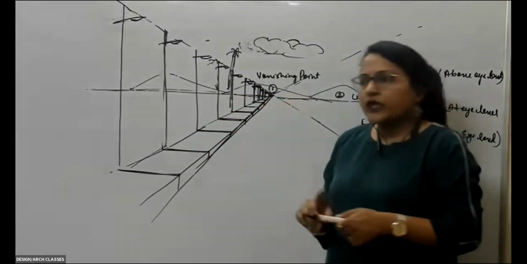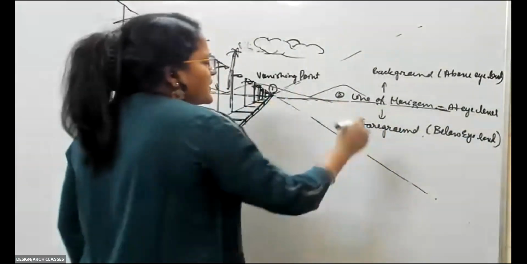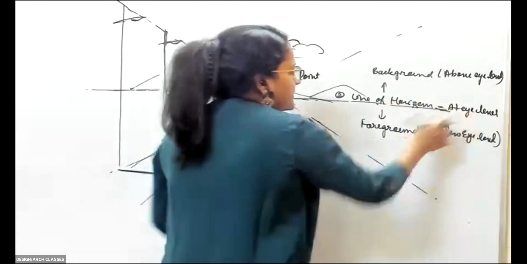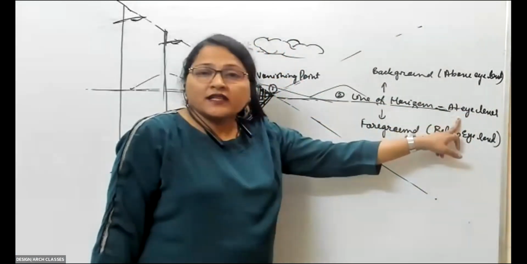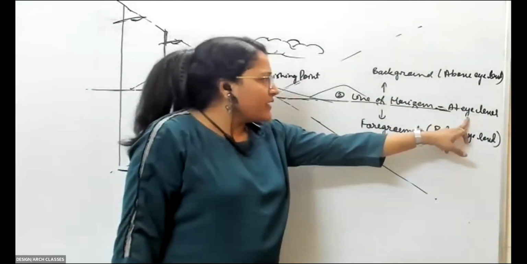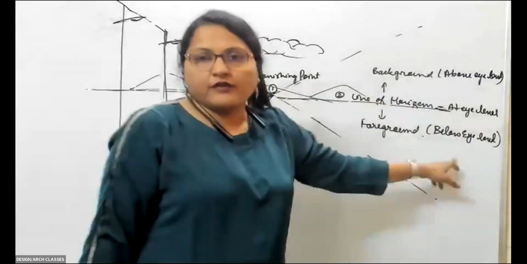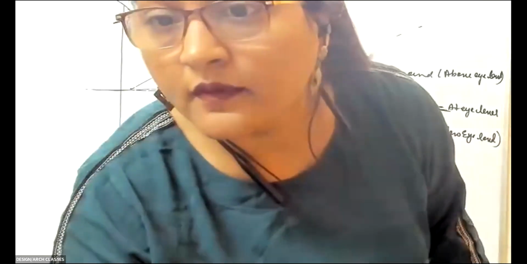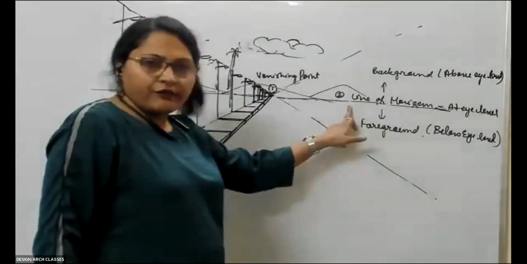All right. So the third term here, which I'm going to make you write is, सबसे पहले लिखो eye levels. Third terminology, eye level. There are 3 types of eye levels: at eye level, generally at line of horizon, above eye level and below eye level. You wrote about vanishing point. You wrote about line of horizon.